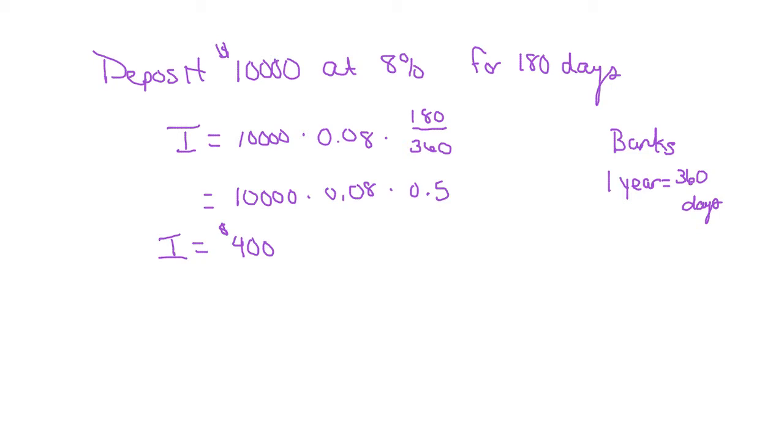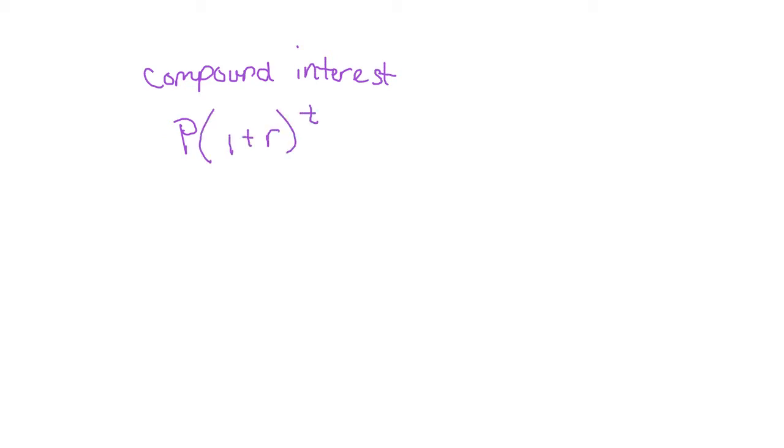All right, let's talk about compound interest. The formula for compound interest is a little bit different. The main thing that we want to see here is that it's P times 1 plus R to the T power, and T being years as well.